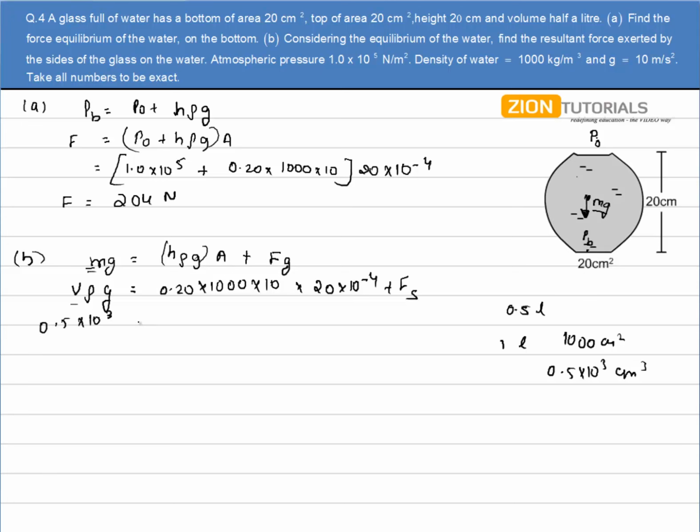Convert it into meter: 10 to the power minus 6 into 1000 into 10 is equal to this complete expression, that is 0.2 into 10 to the power 4, and this 4 is cancelled, so again 20 plus f of s. So the force exerted by the sides on the water will come out to be 1 newton.